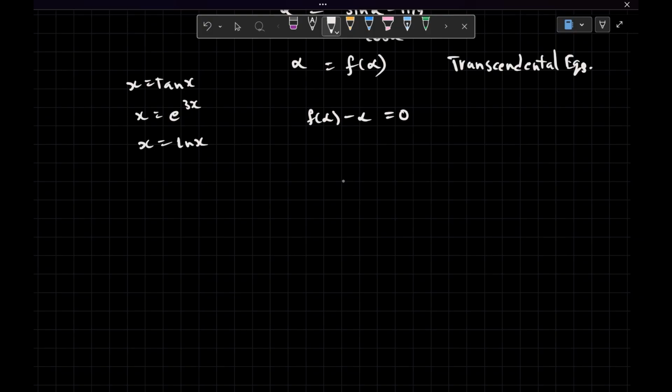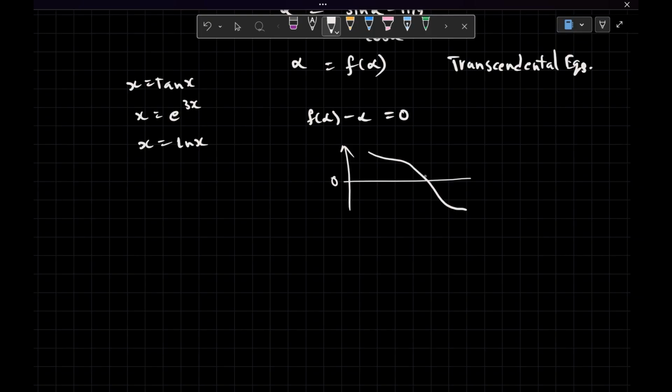Basically, the bisection method works this way. Let's say this is the zero axis, this is the height axis, and f of alpha minus alpha looks like this kind of curve.